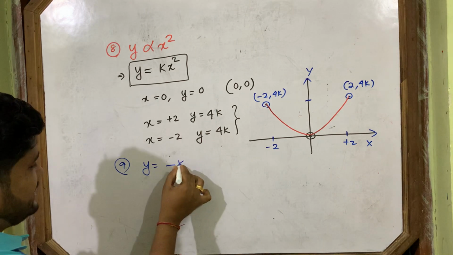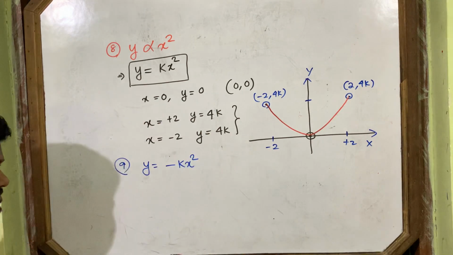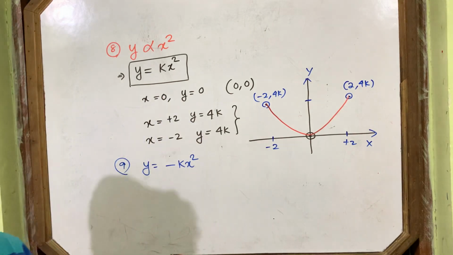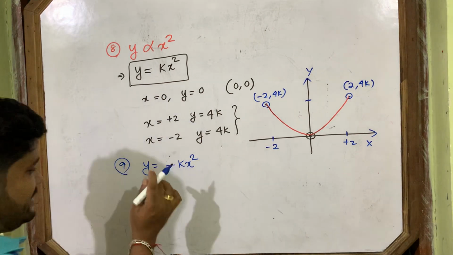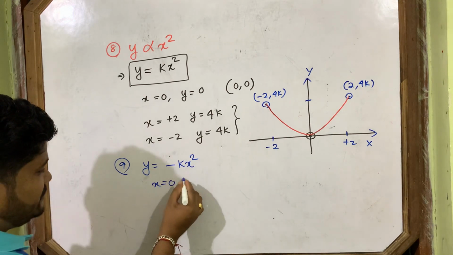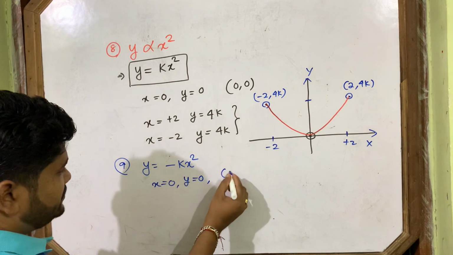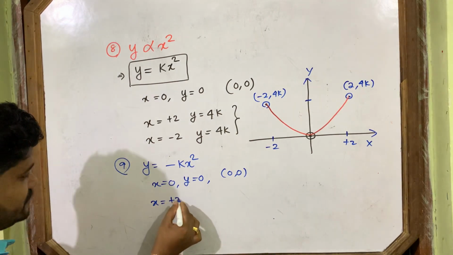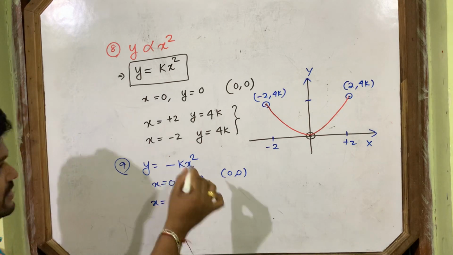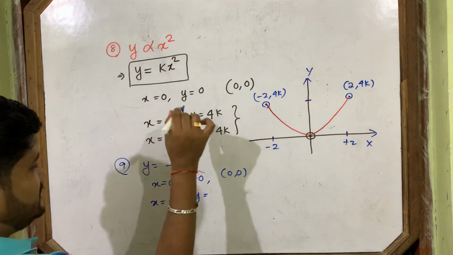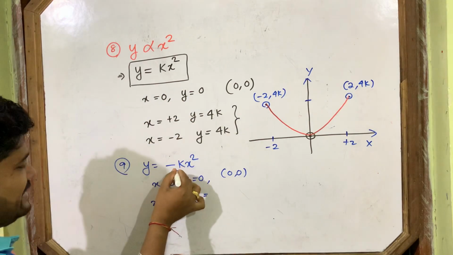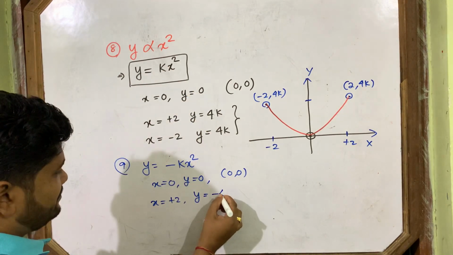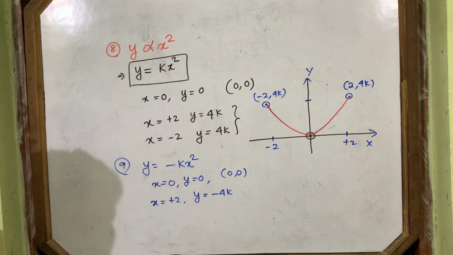Come to type 9 graph. If this k is negative, suppose this k is negative, then how the graph will be? If k is negative, x is equal to 0, y is equal to 0, so 1 point 0, 0. X is equal to plus 2, so y is equal to how much? You see, here this k, now I made negative. So y becomes now minus 4k.